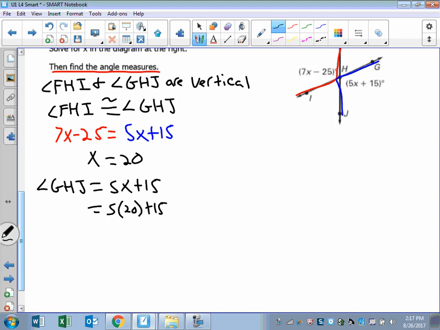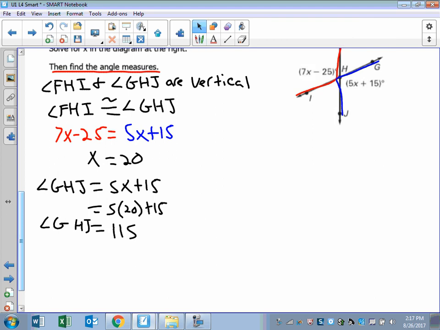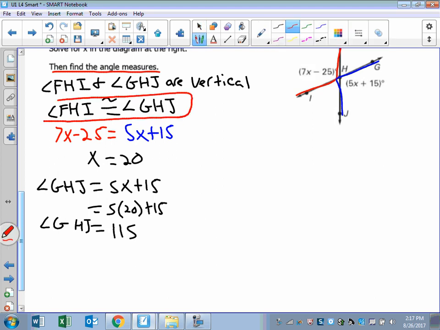So GHJ is equal to 115. But we do know that angle GHJ and angle FHI are congruent. So if GHJ is 115, angle FHI is 115 as well. So here's part of our answer. We have 2 angle measures. GHJ and FHI are both 115 degrees.